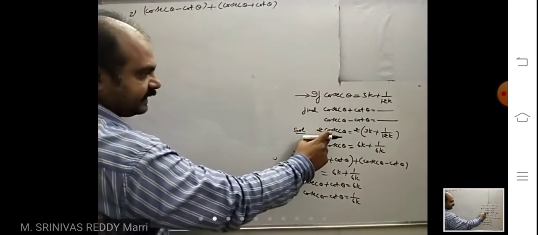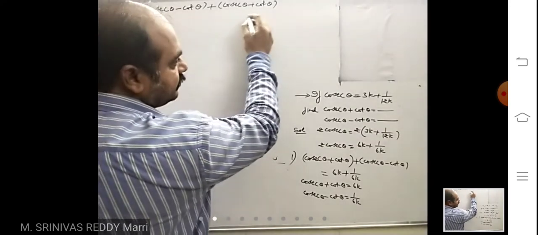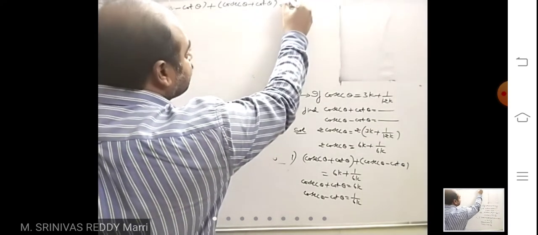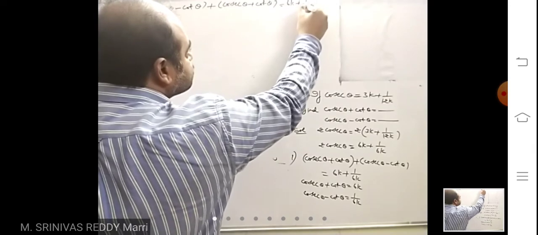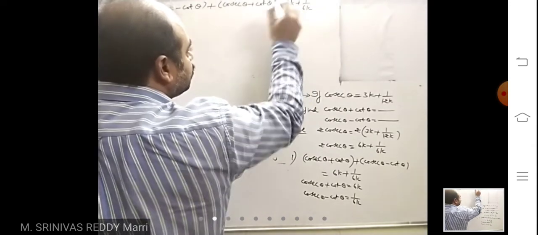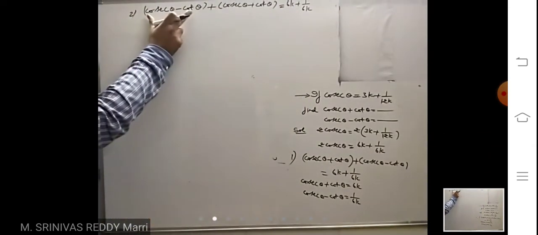So this you will get 6k plus 1 by 6k. From this what can you tell now?